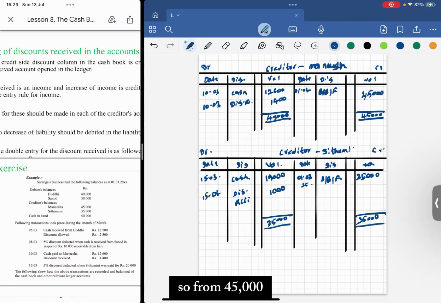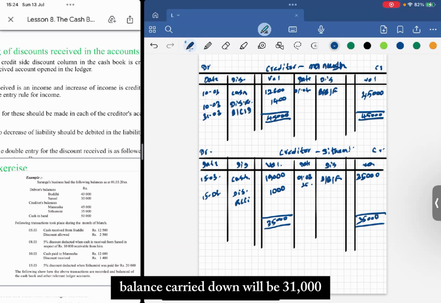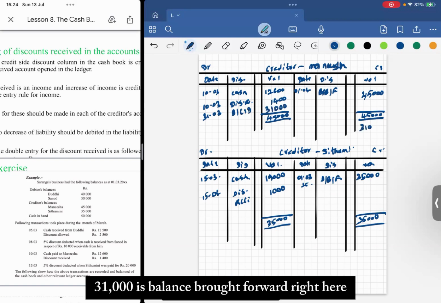So from 45,000, 4,600 minus 1,400, balance carried down will be 31,000. 31,000 is balance brought forward, right?